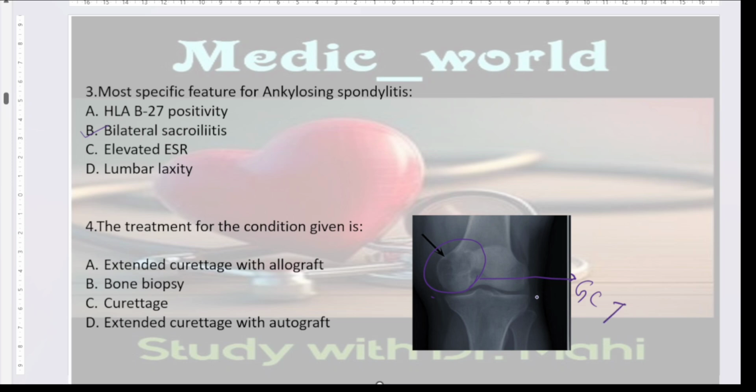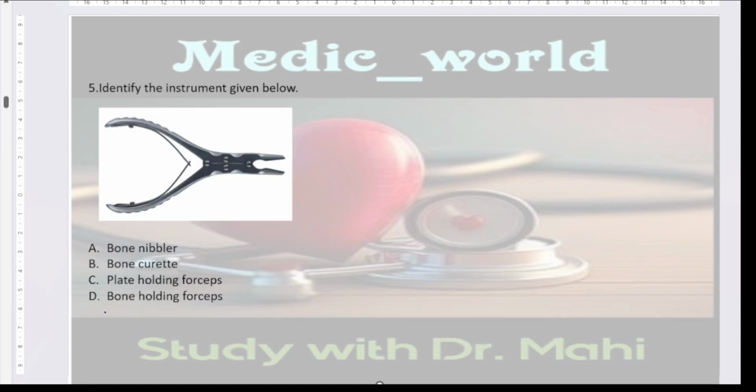So, the management of giant cell tumor is extended curettage with autograft. So, the answer to this question is option D, that is extended curettage with autograft.